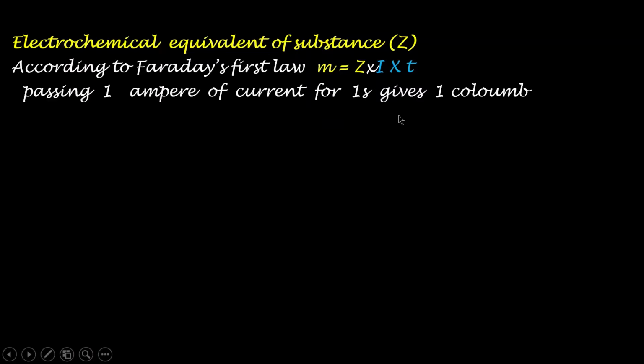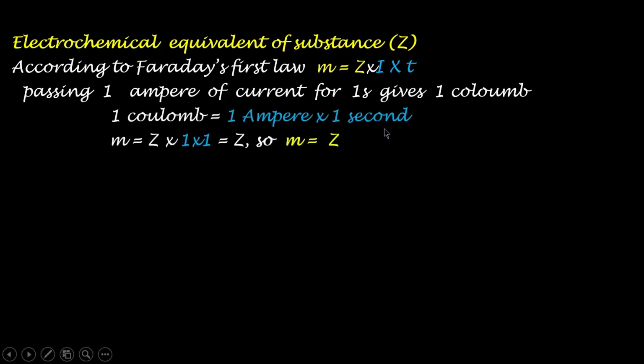So 1 coulomb is equal to 1 ampere into 1 second. Substitute this 1 ampere and 1 second in the equation. So M equals Z into 1 ampere into 1 second. Z into 1 is nothing but Z. So M equals Z.